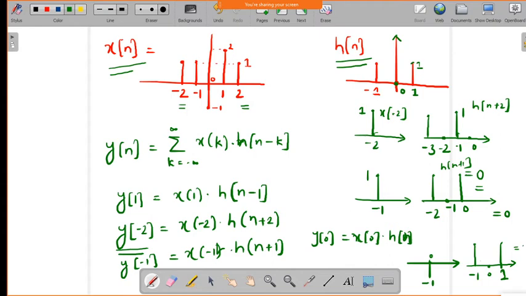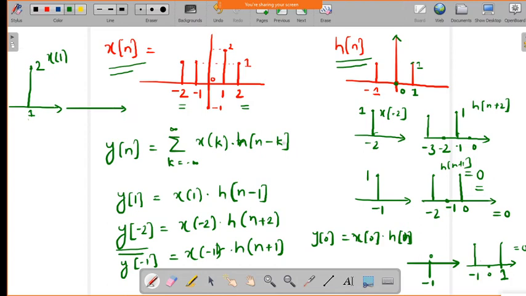Okay, so similarly you can compute y of 1. Now what is x of 1? x of 1 is 2, at index 1 it is 2. Now what is h of n minus 1?